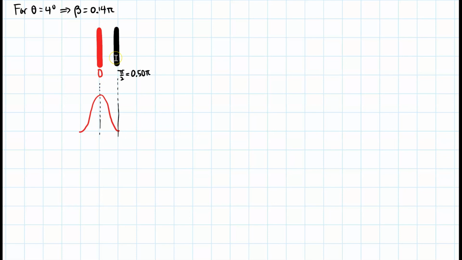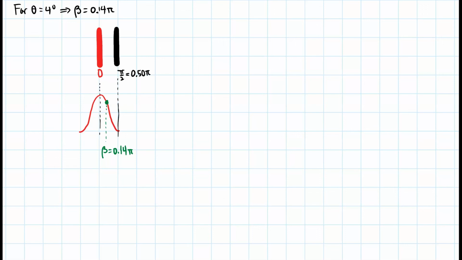If I look at the first dark fringe, that's 0.50 pi. Therefore, that 0.14 pi is within the first central fringe. So beta 0.14 pi is closer to the maxima than it is to the minima, but it's in between these two fringes. That's the location of theta equal to 4 degrees.